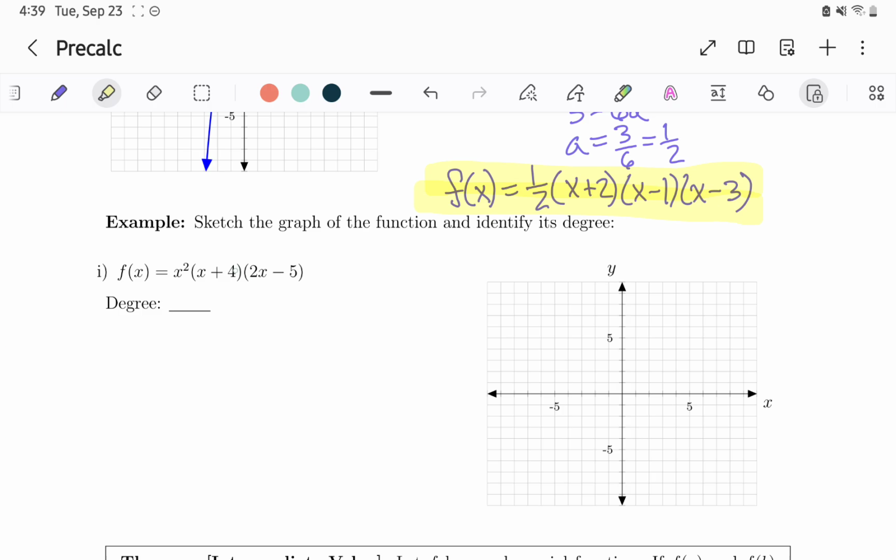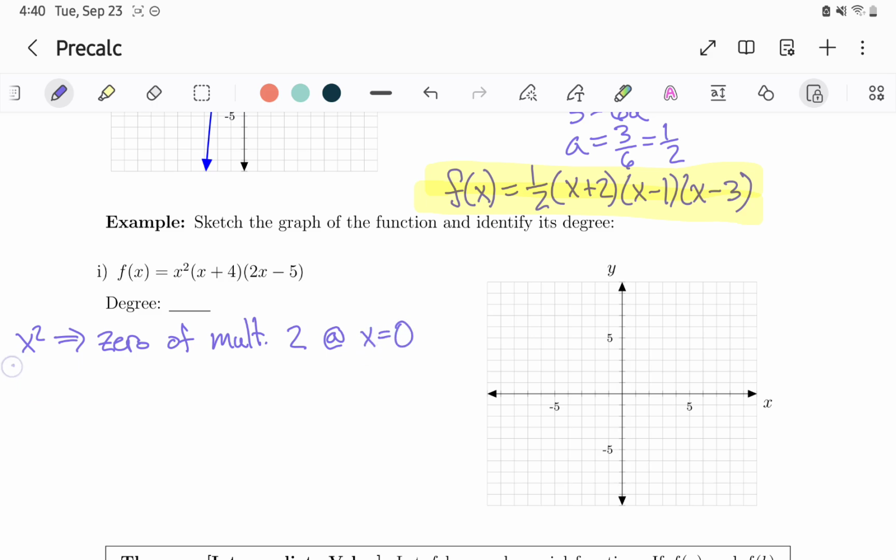So for the degree, again, we can just add the multiplicities. So if we add the multiplicities, we have a 0 of multiplicity 2 at x equals 0. Since we have the factor x squared, this means we have a 0 of multiplicity 2 at x equals 0.